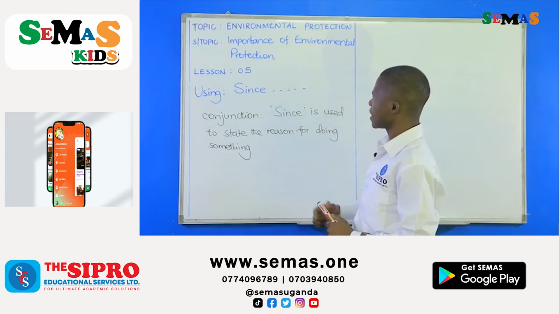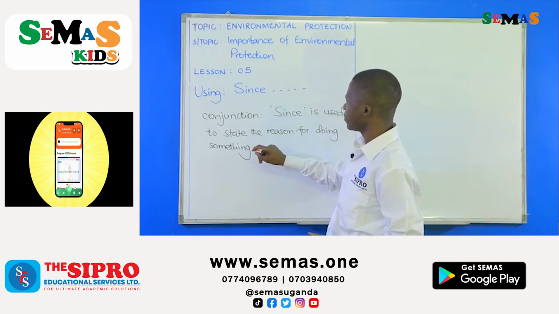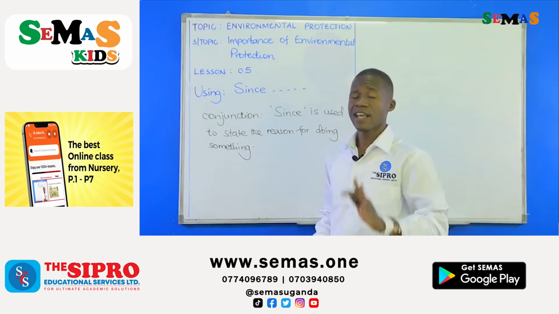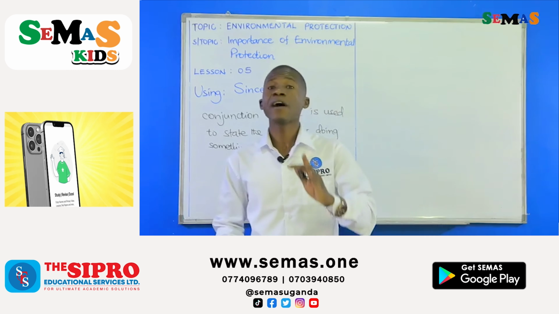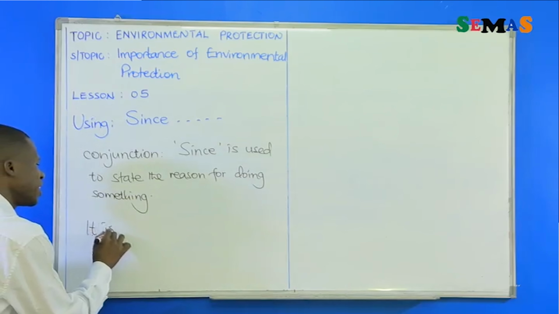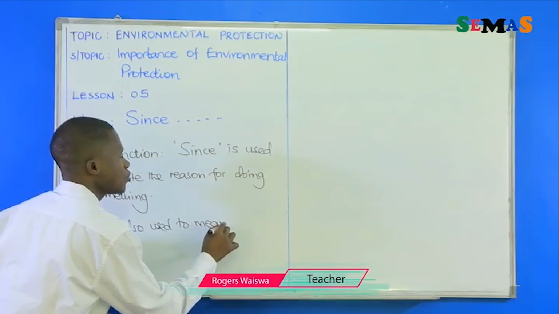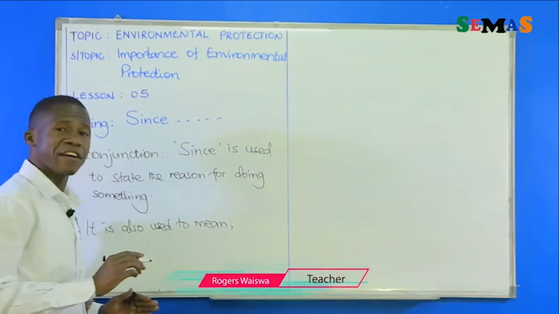Now, to help us understand, sometimes if we don't use the word since, there are words that we can use. Let's see. Since is also used to mean, meaning which other words can be used in the same way as since.